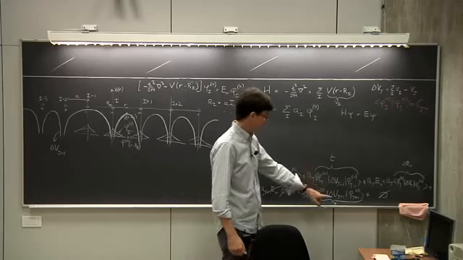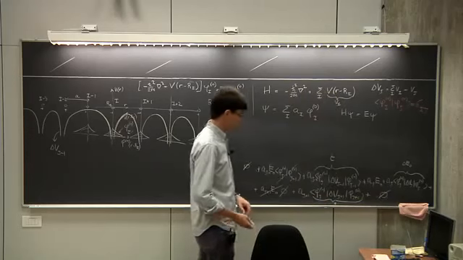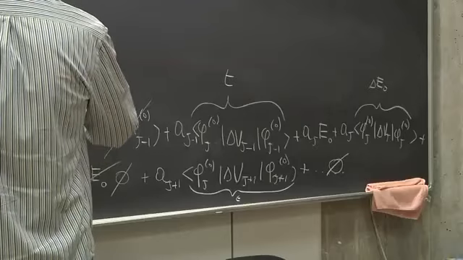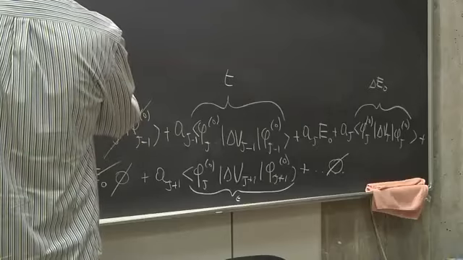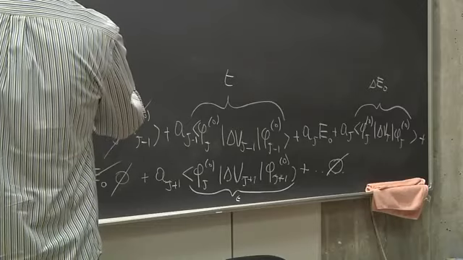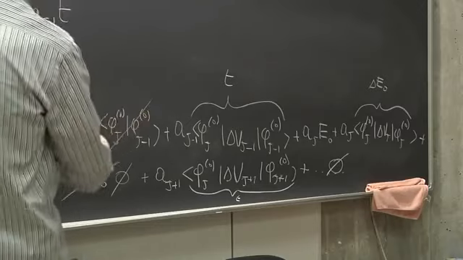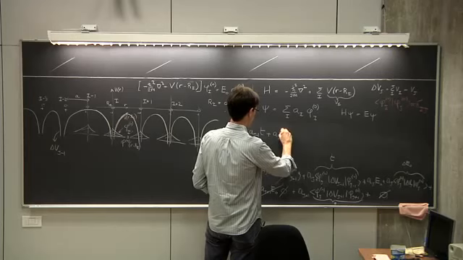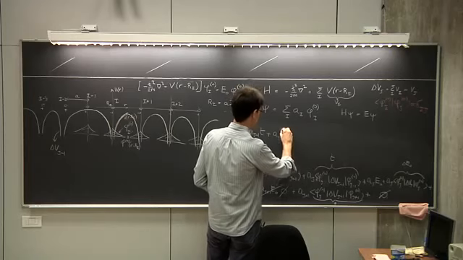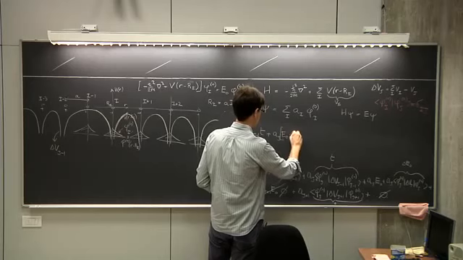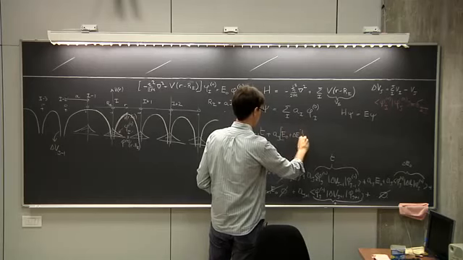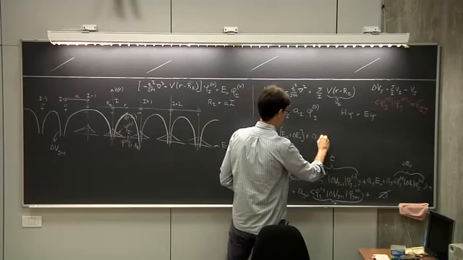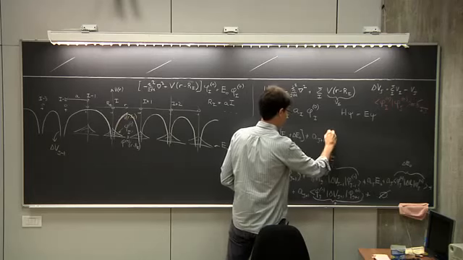I'm left with 1, 2, 3, 4 terms, which I can write in a very compact way now that I have introduced my notation. So this is just a j minus 1 t plus a j E naught, actually I can group this, plus delta E naught, plus the fourth term, a j plus 1 t.